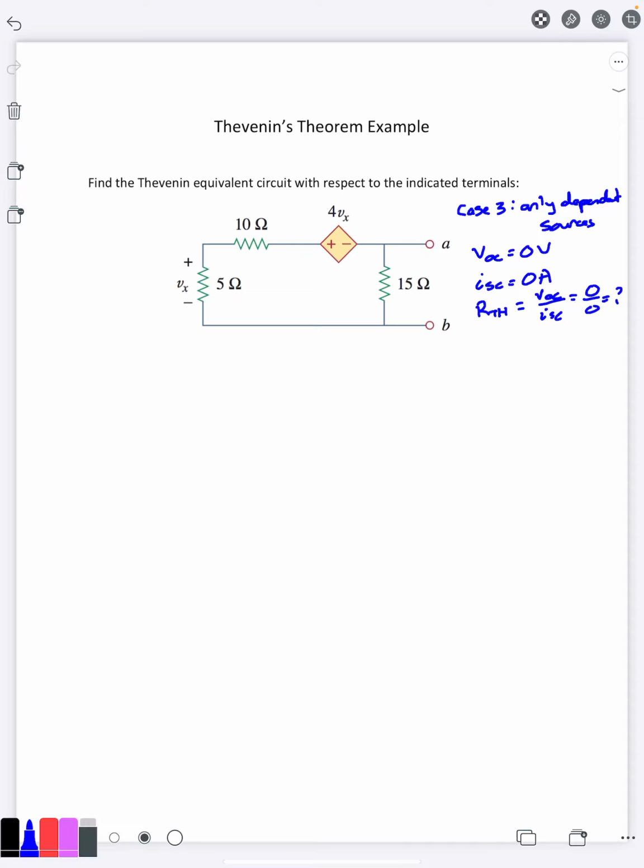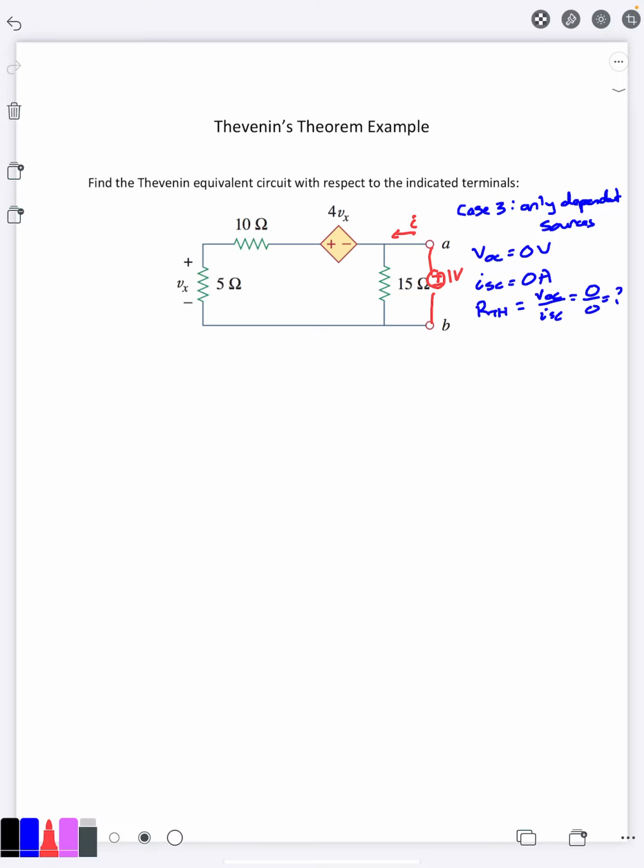So what we're going to do is pretend there is an extra voltage source over here, and you can pick whatever value you want. I'll call it 1 volt, and that's going to cause something to happen in our circuit, and then we ask ourselves, what is the current that's going to go through here? Based on that, we're going to be able to figure out what our resistance is.